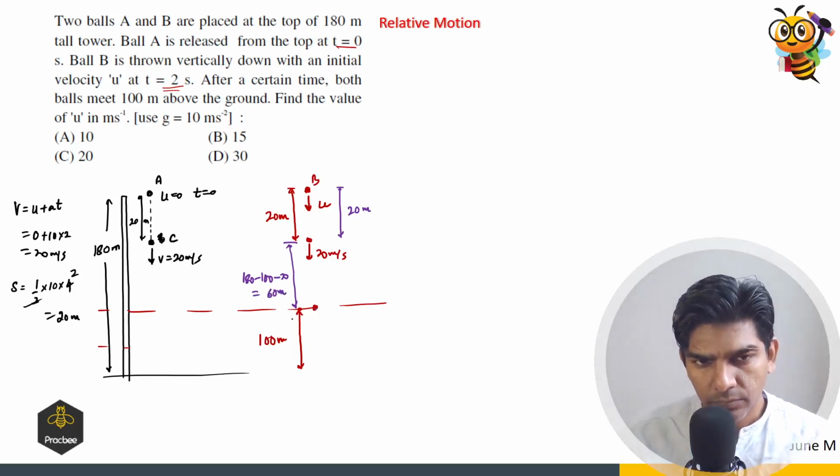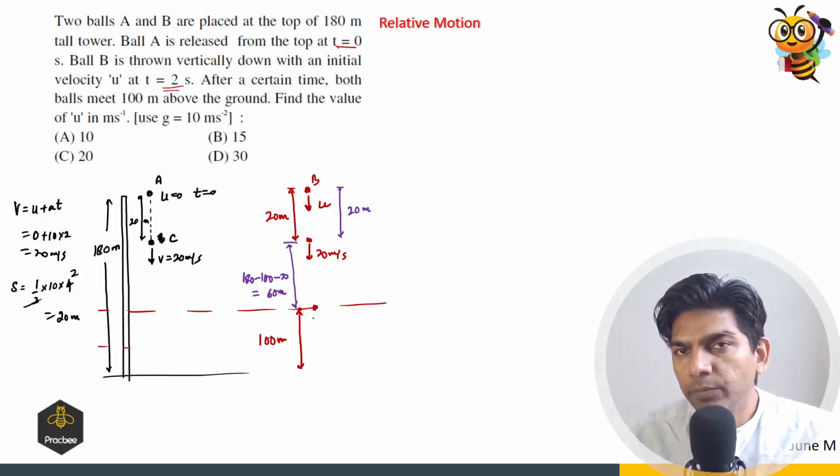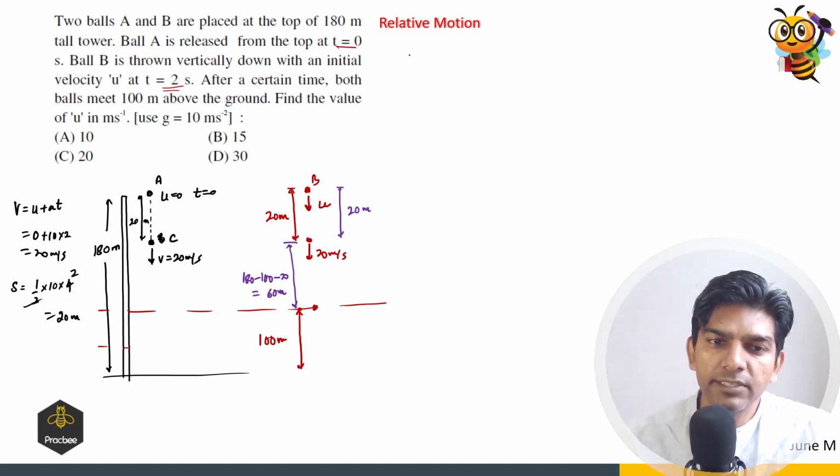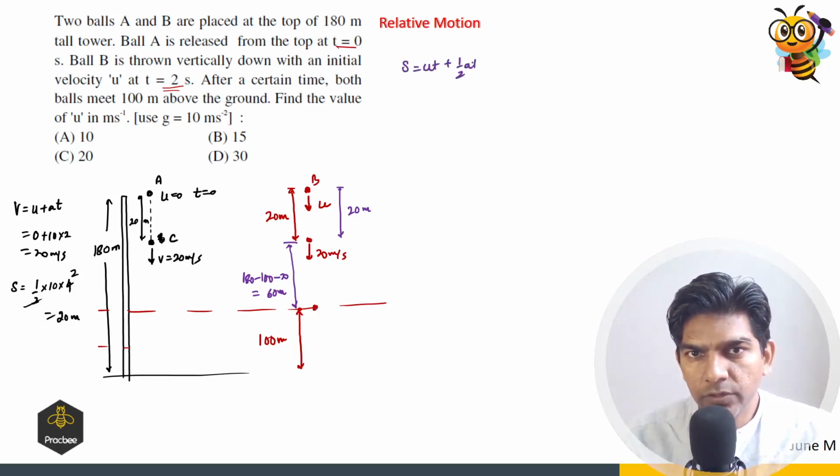Okay. So we know the displacement of ball A when both balls meet 100 meters above the ground. So we can find the time when they meet. What is the time? We can apply S equals ut plus half at square for the first ball.